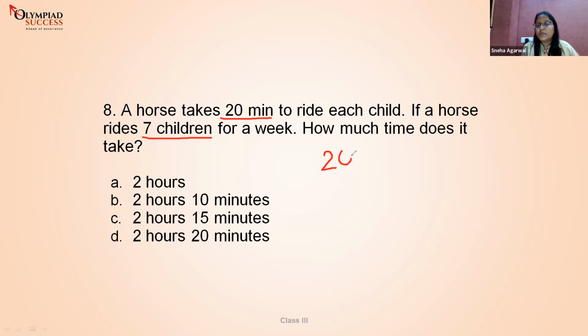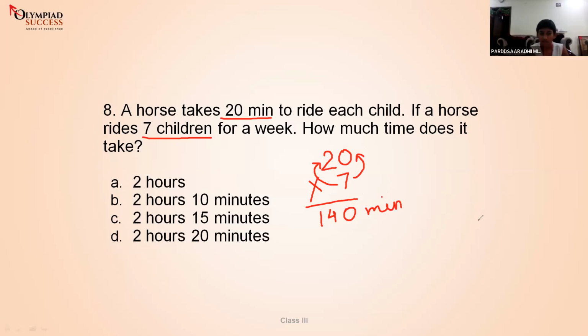So 20 minutes is for 1 child, and for 7 children, it will be 20 multiplied by 7. So 7 into 0, this is always 0. Anything multiplied by 0 will give us 0. And then 7 into 2 gives us 14. So in total we got 140 minutes, right?